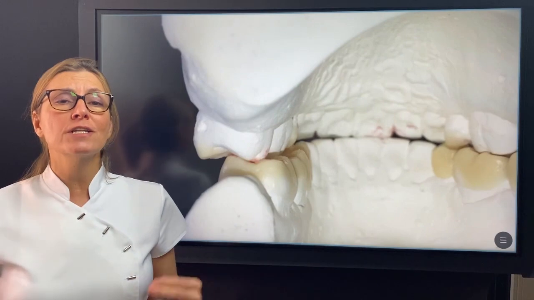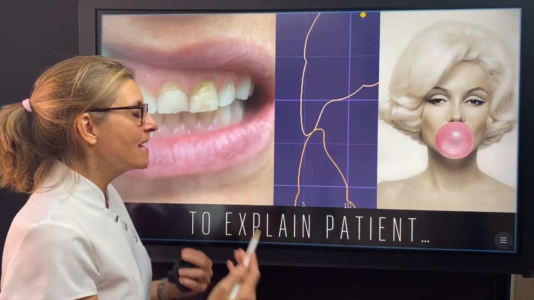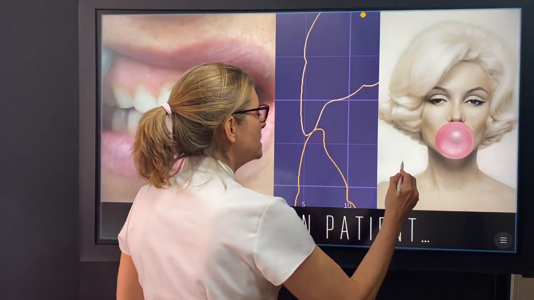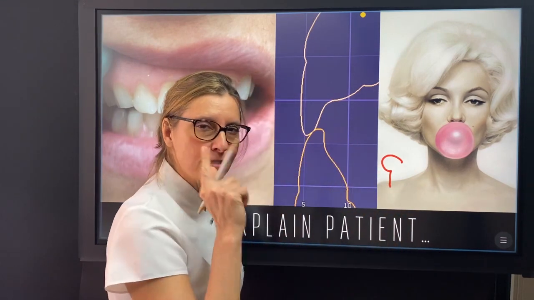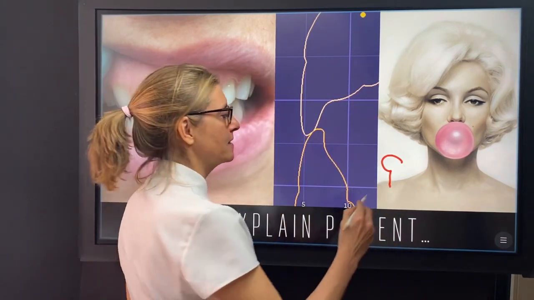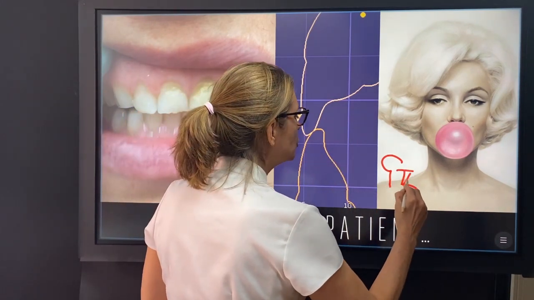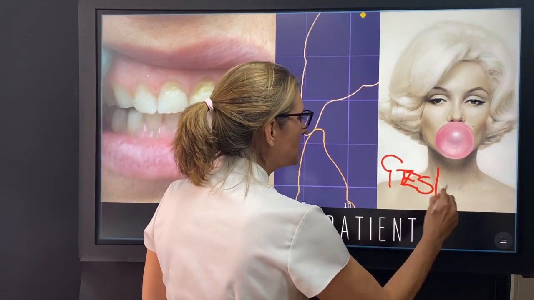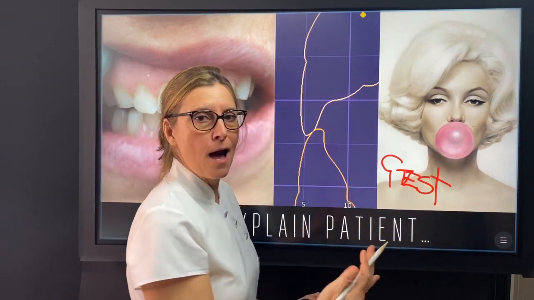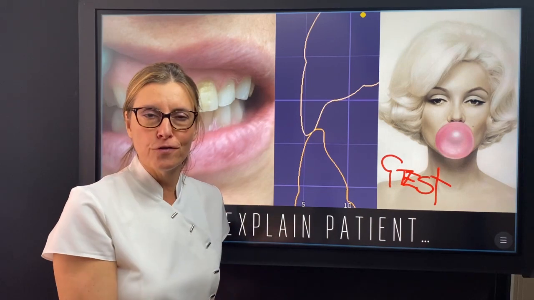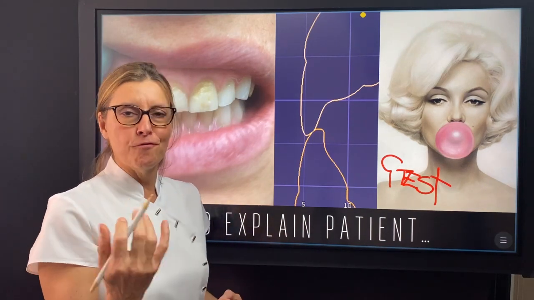The real function is called mastication, and that's why I developed this simple but extremely sophisticated test called the G-test, where the patient will chew a gum with us, in front of us, and we will get information.